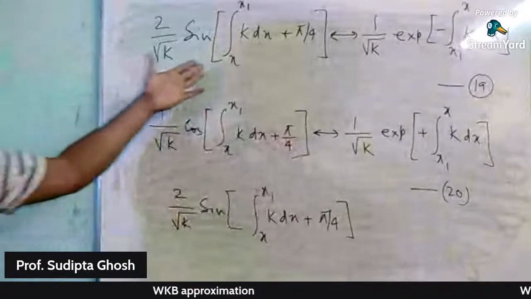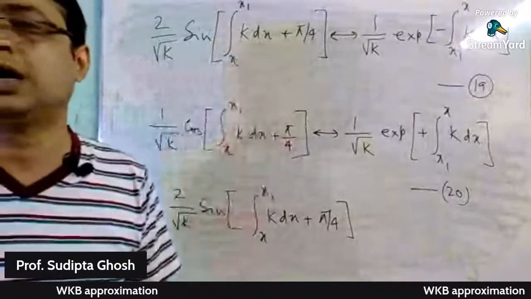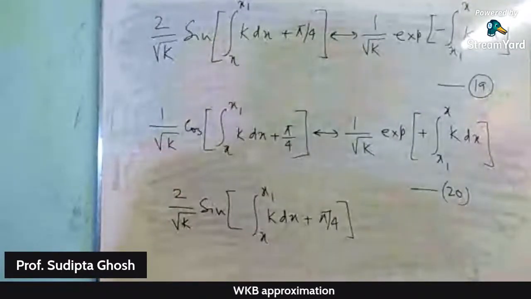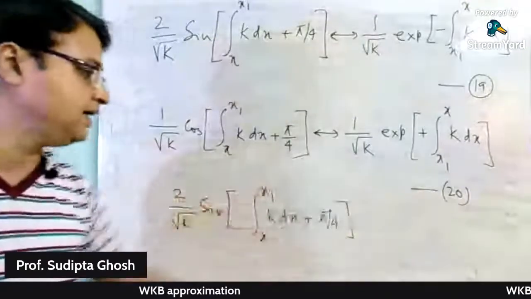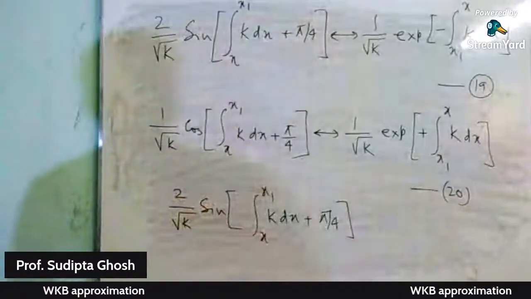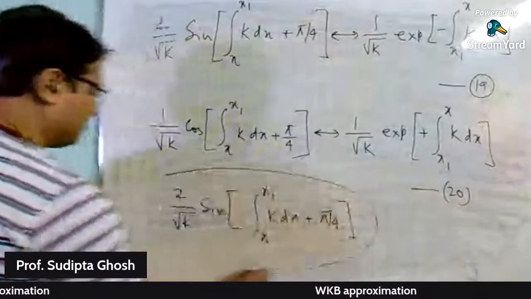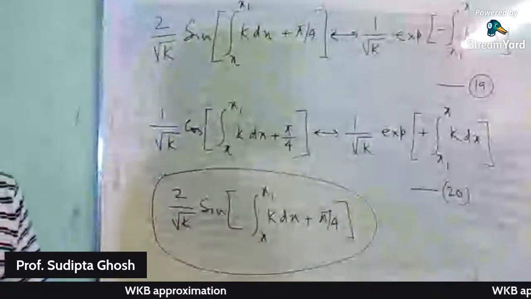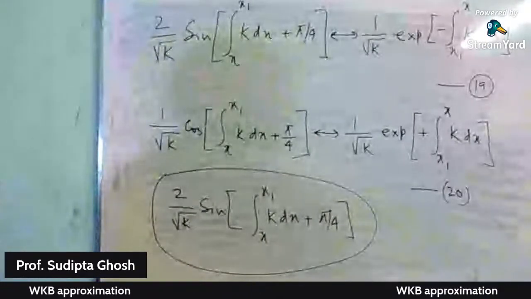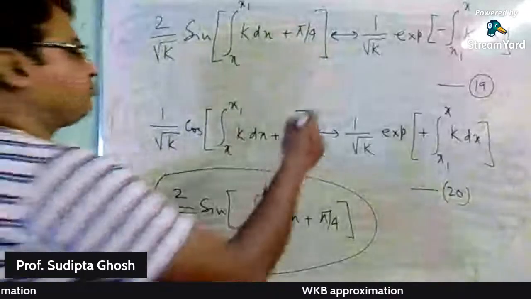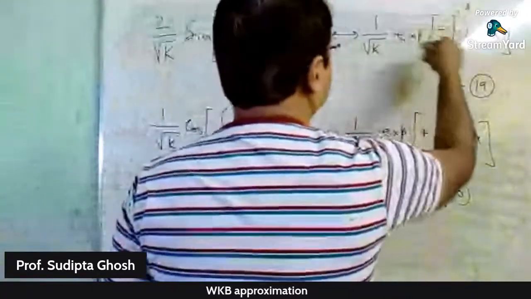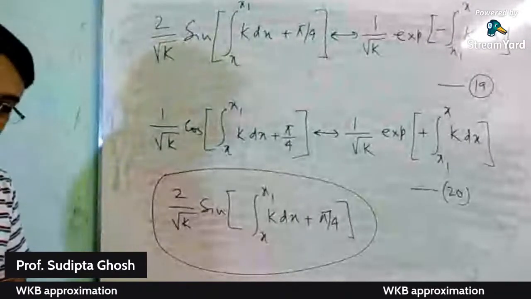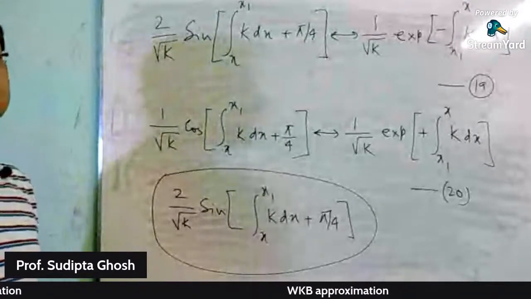Now, whatever these equations tell us is that if the WKB solution is given by this in the region x less than x1, it goes over to an exponentially decaying solution in the region x greater than x1.